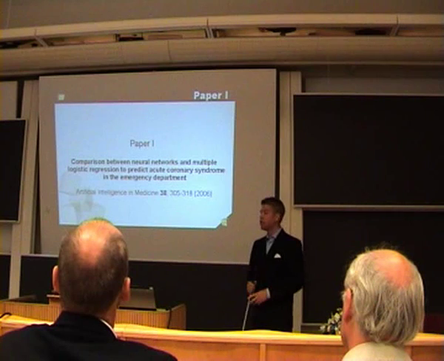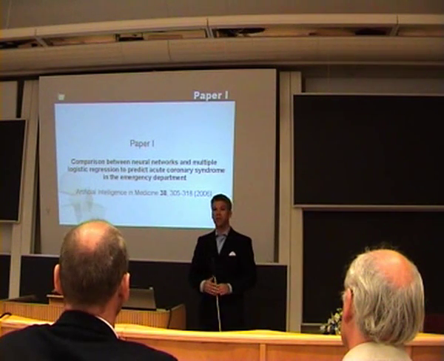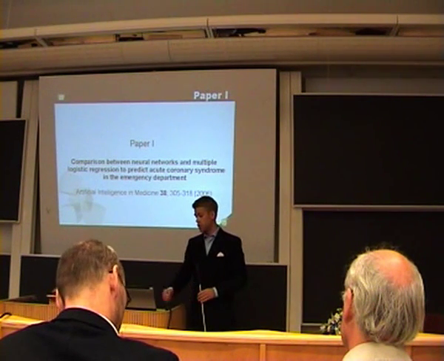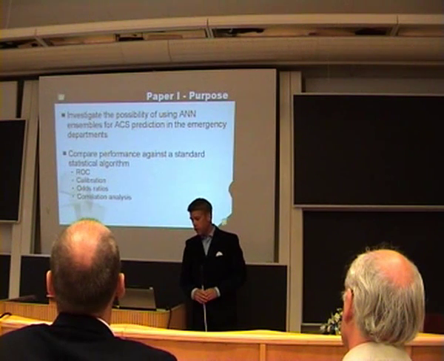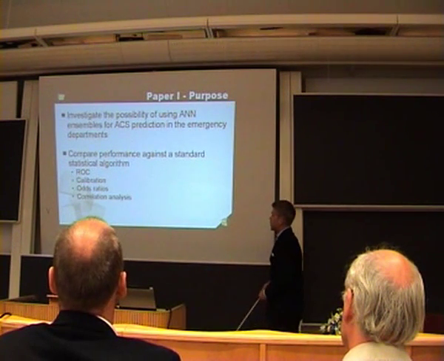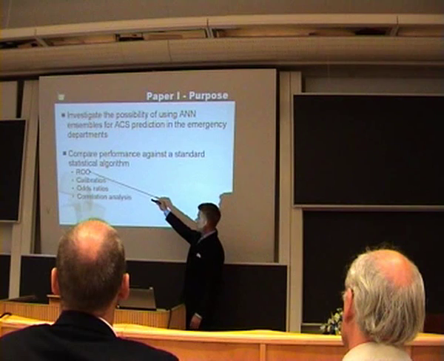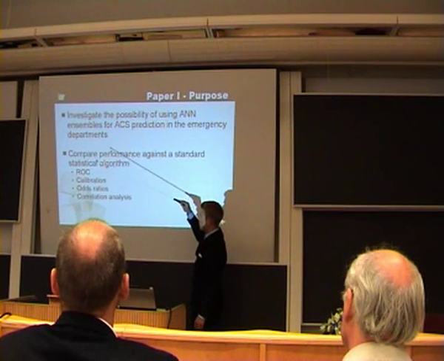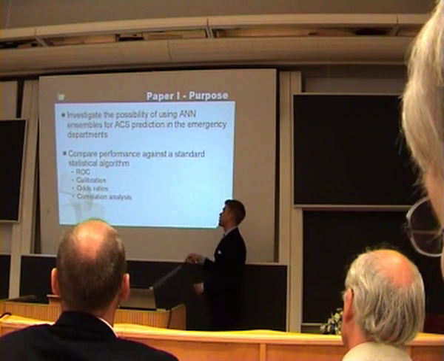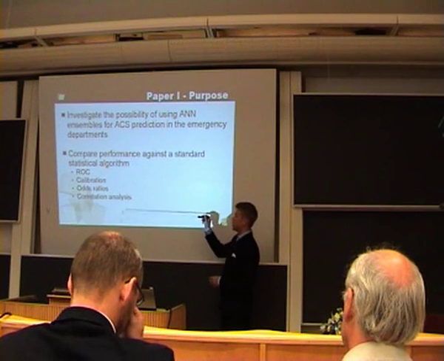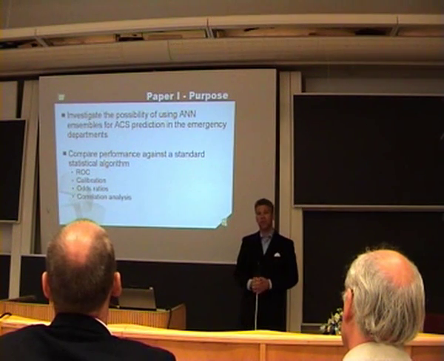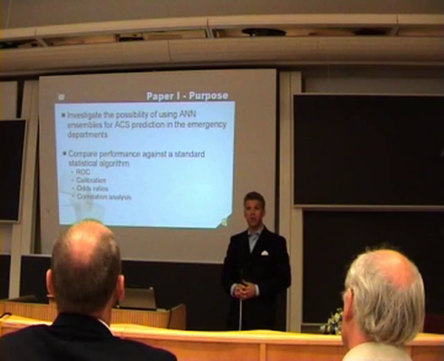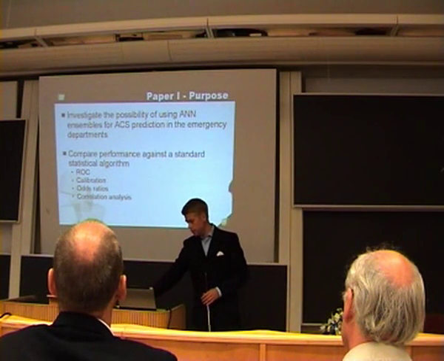Are they calibrated? And what's their average performance compared to each other? So basically, we studied the AUC and the calibration, the odds ratios for the different input features, as well as some correlation analysis on the probabilities that they produce.